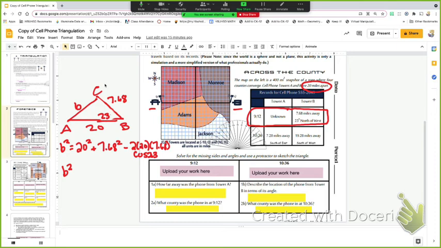You can do 20 squared plus 7.68 squared minus 2 times 20 times 7.68 times the cosine of 23 degrees. And remember, you got to square root it. So you get b squared is 176.2. So when you square root it, b is 13.3.